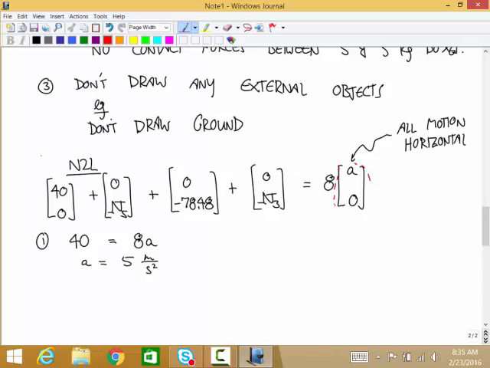Well, we've already decided what the acceleration vector is. All we needed to do was figure out what a was. Now we know what a is. And so now we can say the acceleration vector of this system is 5, 0 meters per second squared.